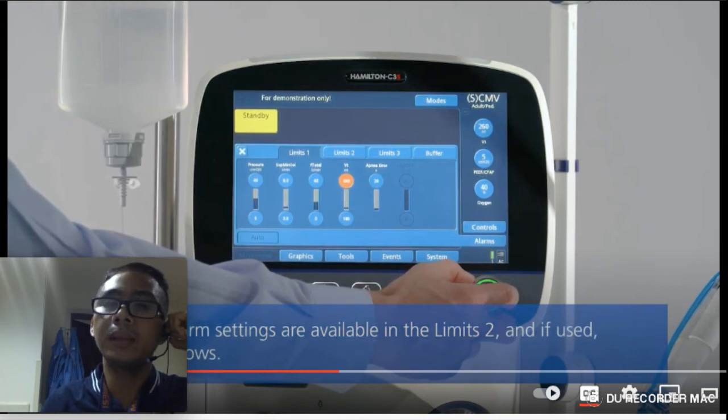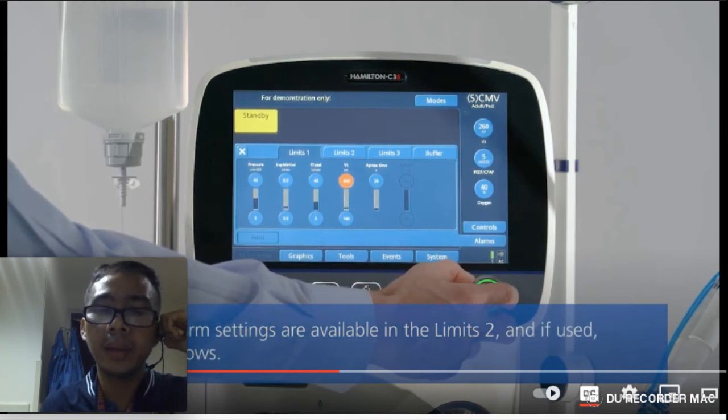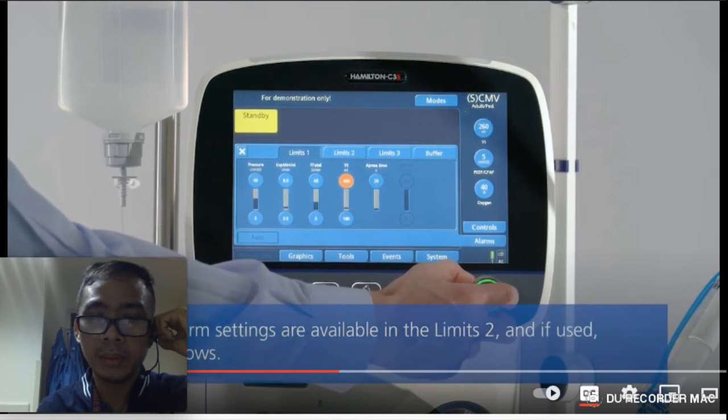What does it mean? If the pressure of the airway is more than 35 centimeters of water, it can cause barotrauma. So your alarm parameters can limit, no?